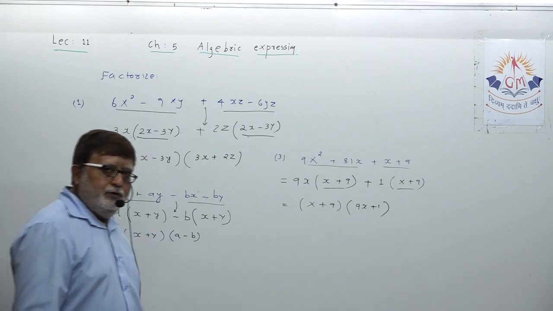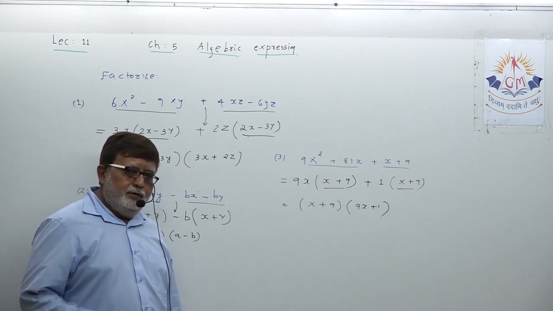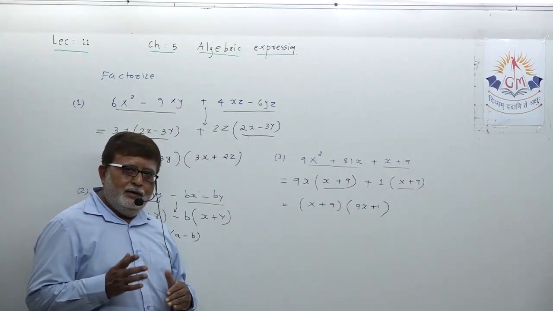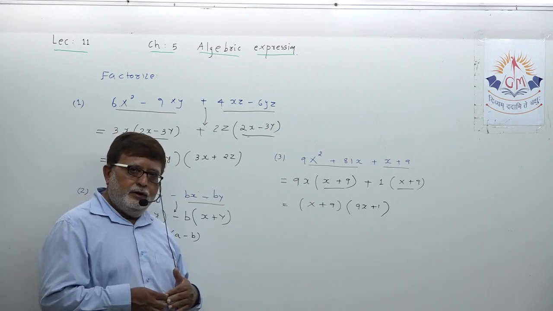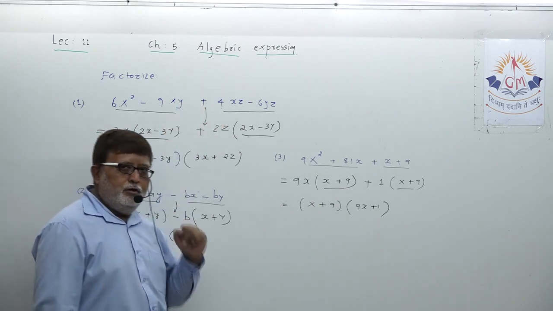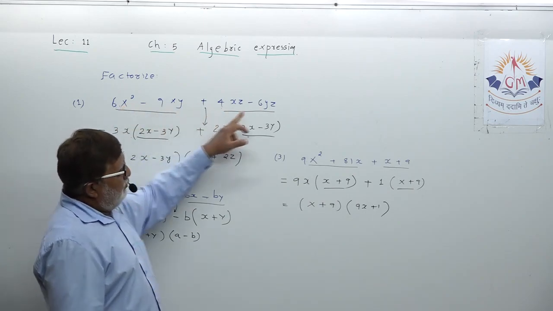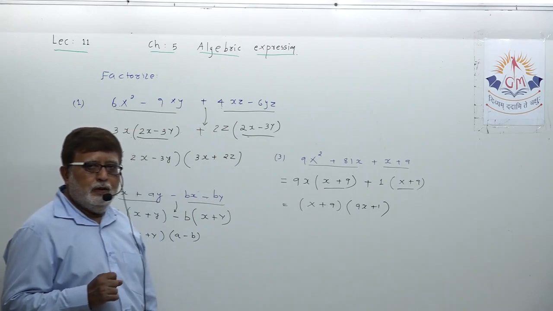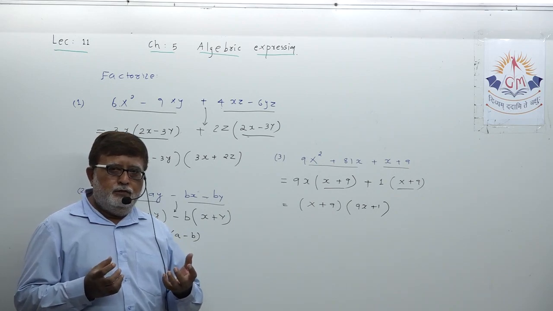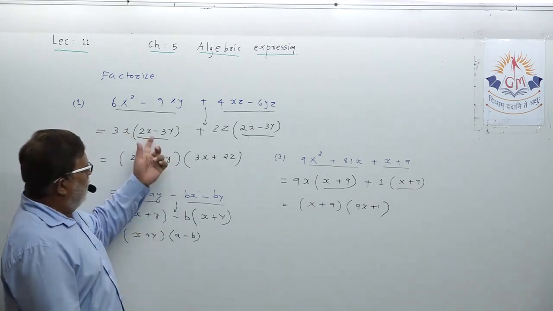compound factorization, okay. It may happen dear student that if I give you any polynomial consisting of 4 terms, I may intentionally, to make you a little confused, change the order of the terms from the textbook. Suppose this polynomial I write this first, then this and then this. So it may happen that when you try to take out common from two terms each, you may not be able to get a common bracket.